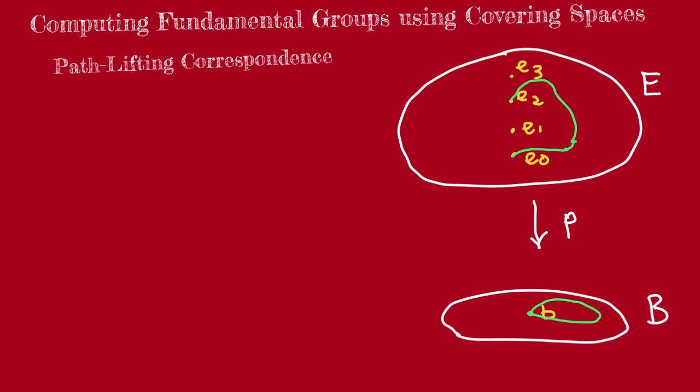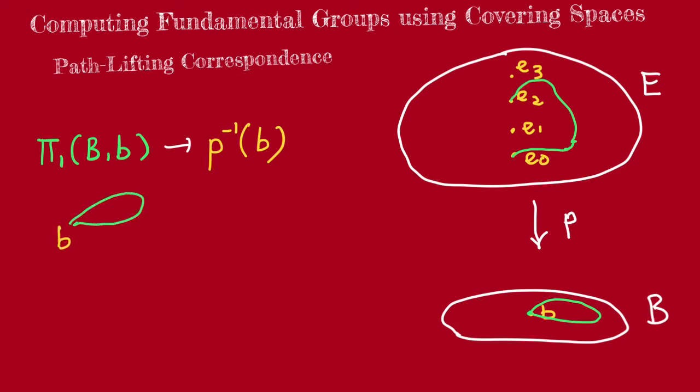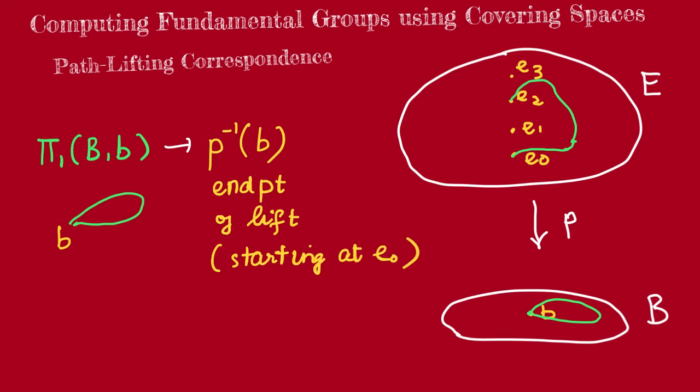In other words, we have a map from the loops to the fiber. This map would send every loop centered at b to the point in the fiber that is the endpoint of the lift of that loop, if we fix a starting point, starting at our favorite e_0. In the example that I have drawn, for example here, this loop maps to the point e_2.